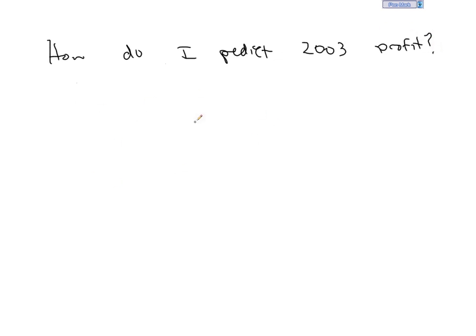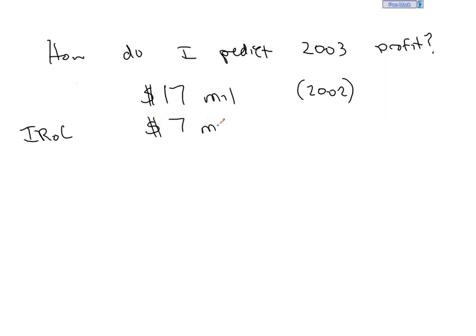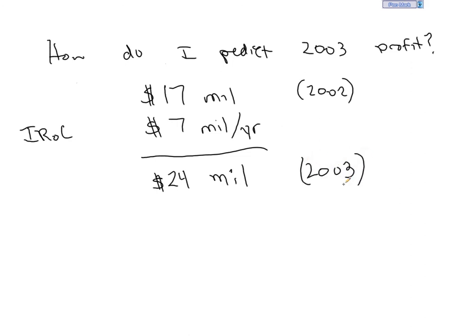Well, what you might guess is, okay, well, I know that I have $17 million in 2002, and my instantaneous rate of change in 2002 is $7 million. And so this is saying that instantaneously it's changing by 7 million per year. So that tells me that in 2003 I should have approximately, if this rate of change continues, $24 million. And so there's my approximation for 2003.